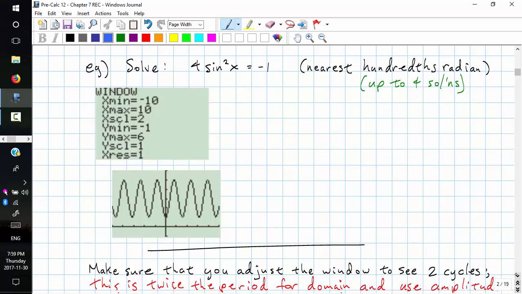We plot 4 sine squared x plus 1 equals 0. And we look at the graph. We see this is the max. We see this is the min. The min is above 0, so there's no solutions.